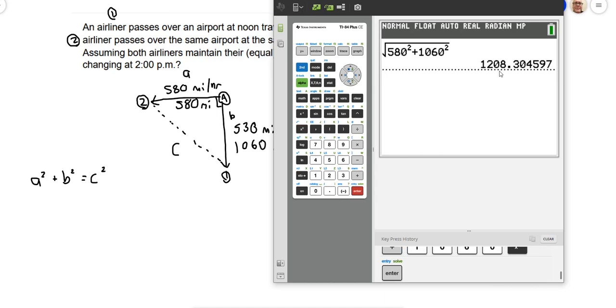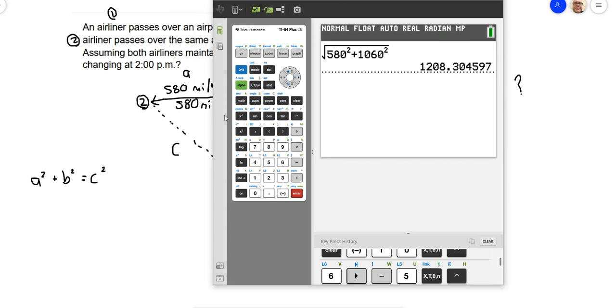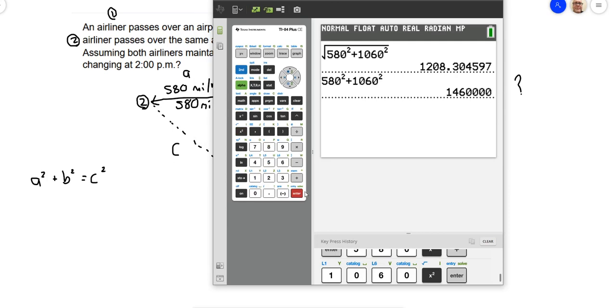That's about 1208.30. I'll write down a few digits there. So c is going to be equal to 1208. And instead of doing that, let's just go ahead and leave it as a square root. So 580 squared plus 1060 squared, that's equal to 1,460,000.